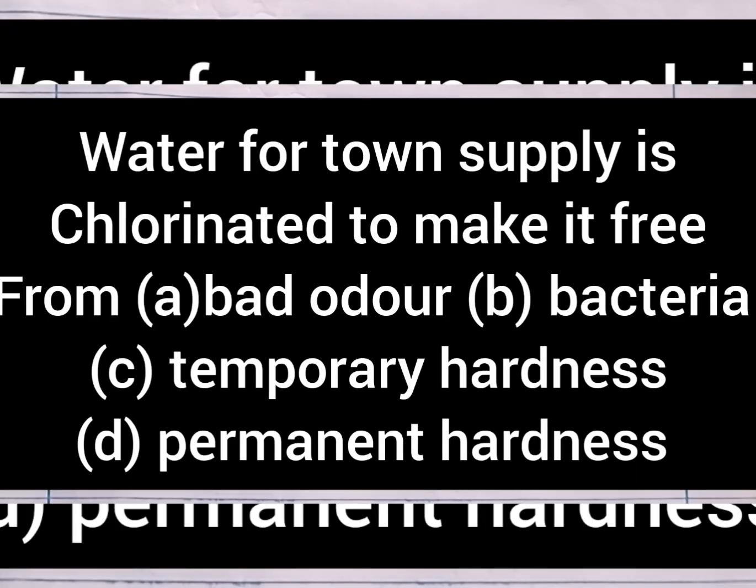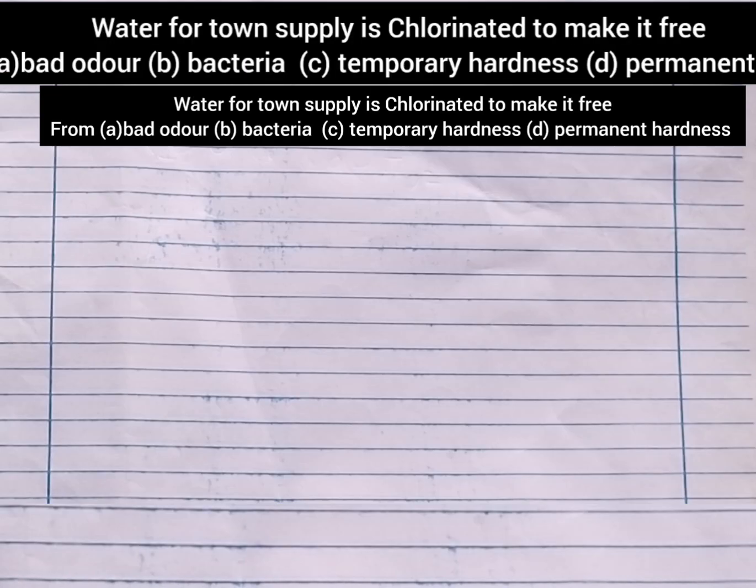Water for tank supply is chlorinated to make it free from, and the options are A, bad odor, B, bacteria, C, temporary hardness, and D, permanent hardness. Now, I want you to take note that the answer to that question is B, bacteria.